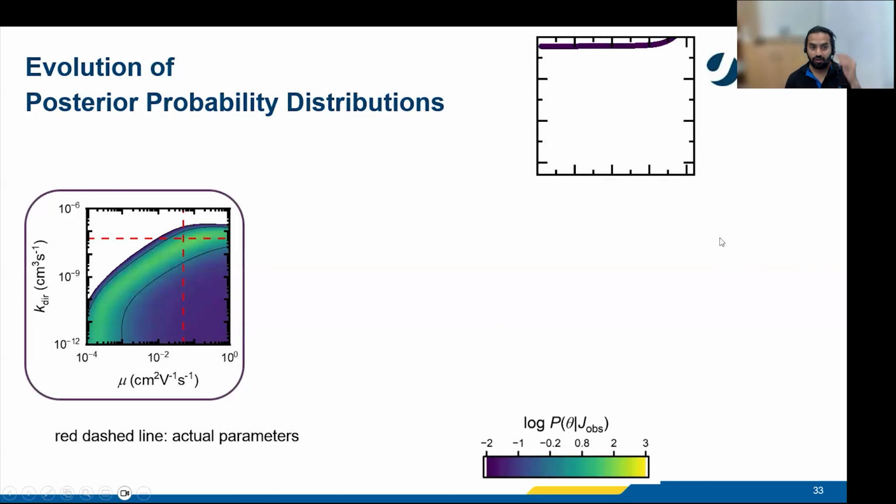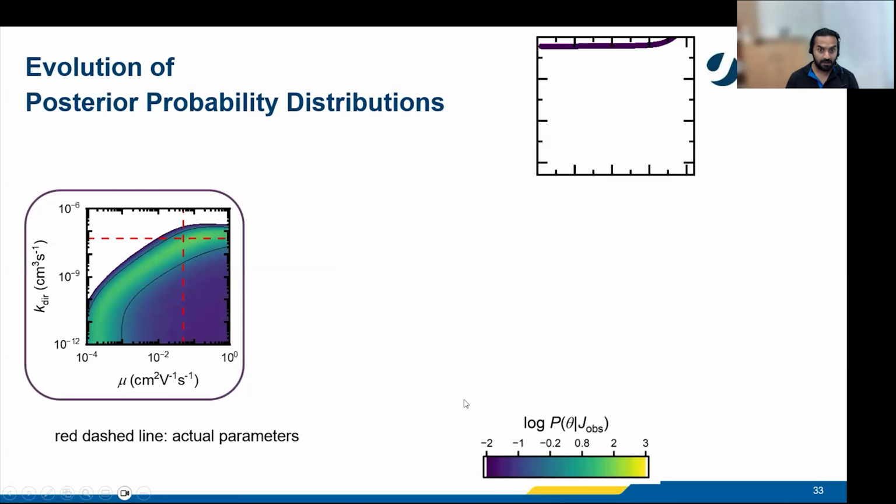Okay, and here I just show how the information that is provided helps also in identifying the correct probability distribution of the parameters. So here only one JV curve is fed into the neural network. And these 2 red lines are where the chosen parameters are.